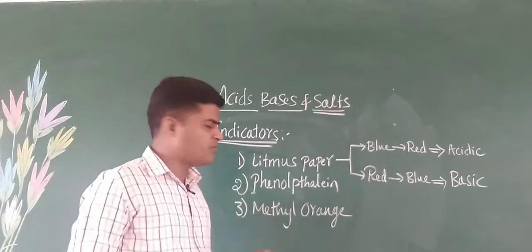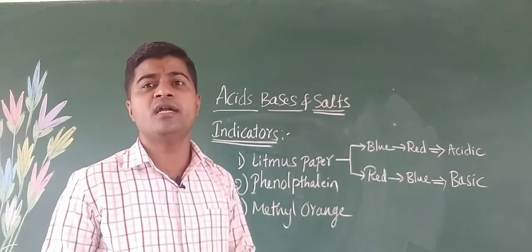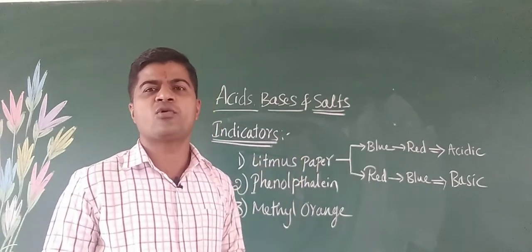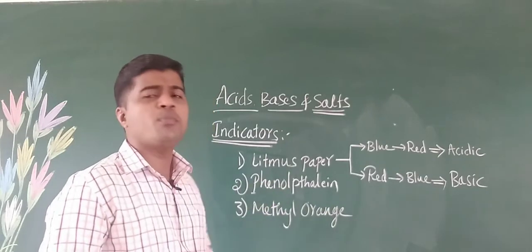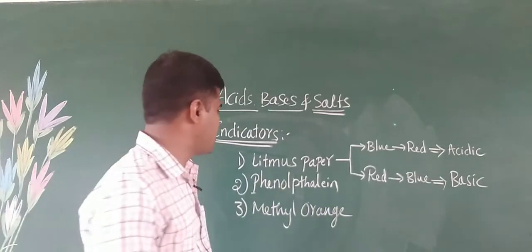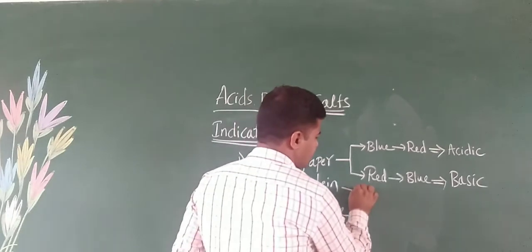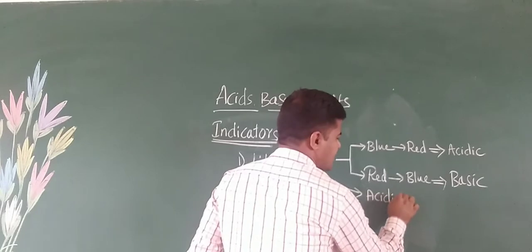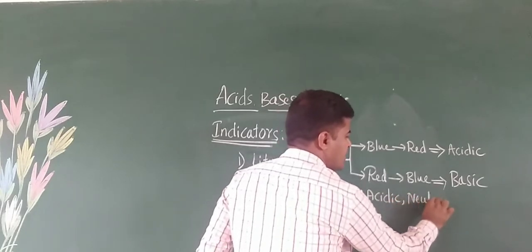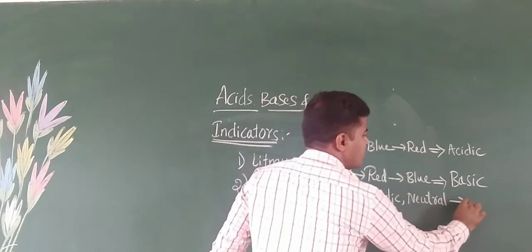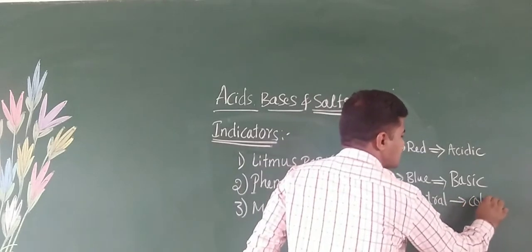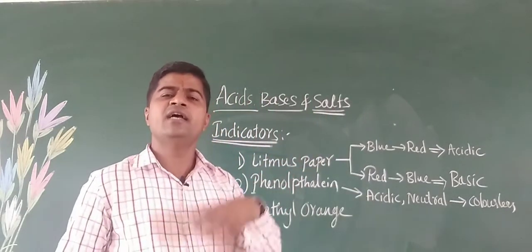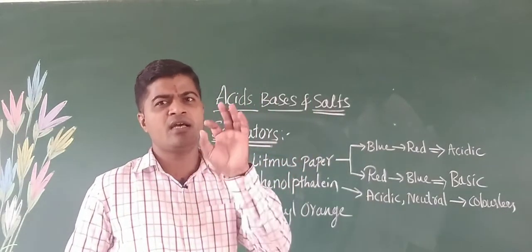Next, very important, one more indicator which is commonly used at QC level also. In acid base titration they use these two indicators. Phenolphthalein: in acidic and neutral medium, it is definitely colorless.